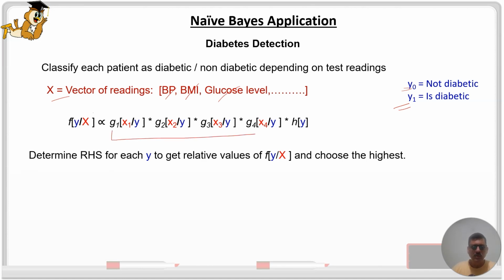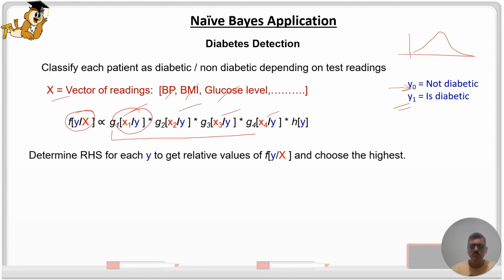You would begin by saying that f of y given x is going to be proportional to these things, and you would determine each of these probabilities. How would you determine them? First, you would look at class y0. In class y0, you would find the probability density function of x1 given y. So how the blood pressure varies amongst non-diabetic patients, that would give you g1 of x1 given y.